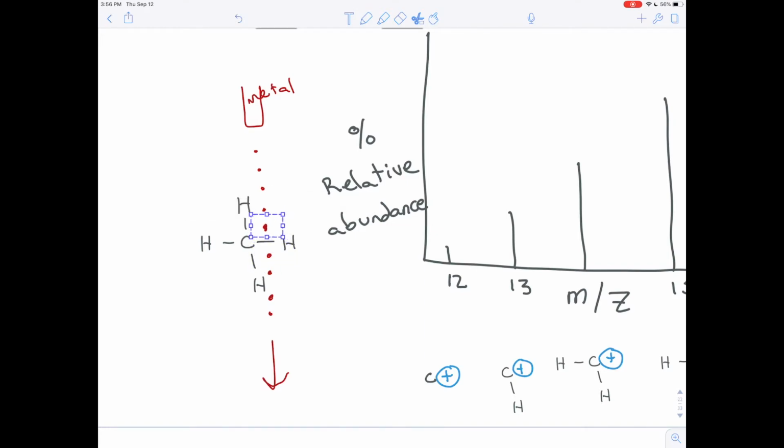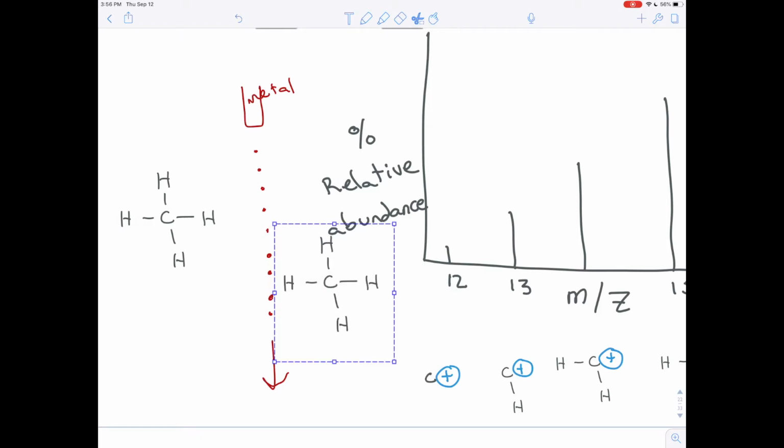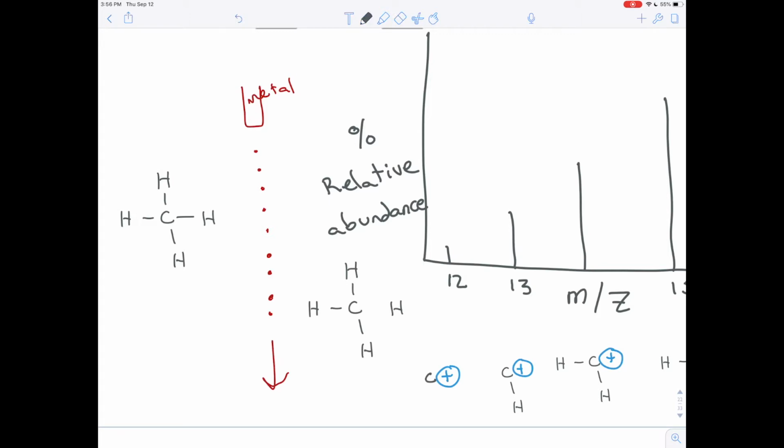And when it does that, one of the electrons in the bond gets knocked out of the molecule. And so what you end up creating on the other side is the same molecule, but instead of 2 electrons in one of the bonds, you just have 1. Now that is not a very stable molecule, so it's not going to survive for very long.